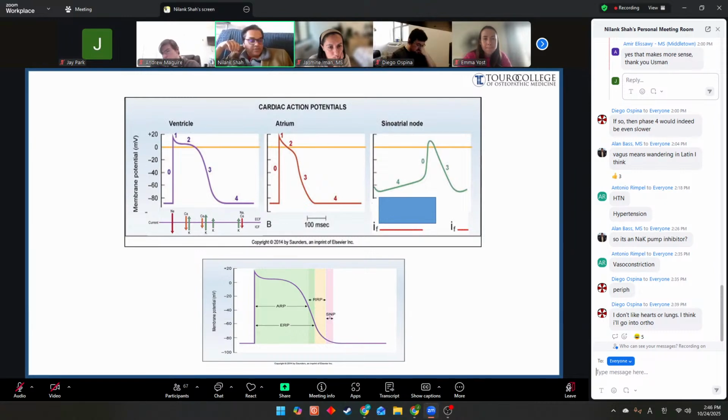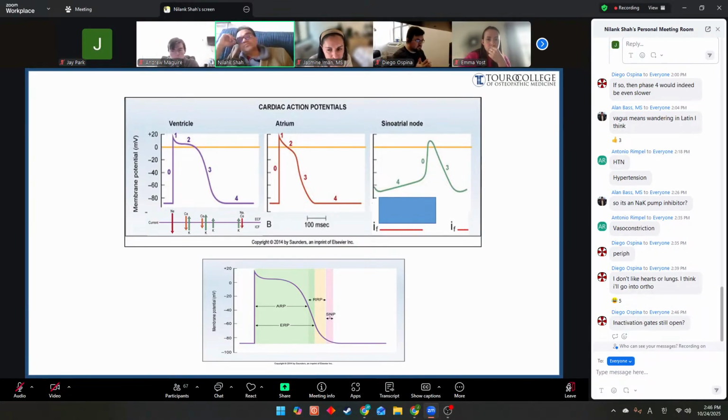I agree with Emma, she's correct. Why is SNP so dangerous? Why are sodium channels available completely before you even reach RMP? If you look at that, you start it before even reaching RMP, around minus 80, minus 90 millivolts approximately.